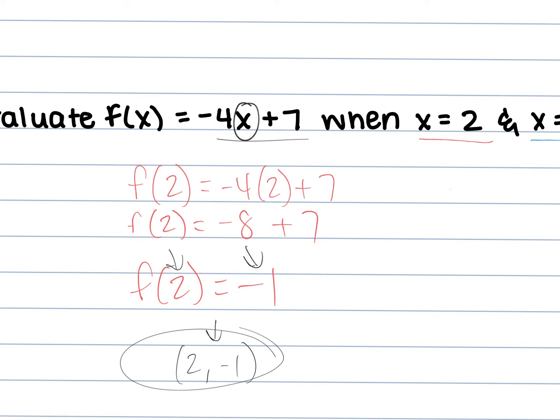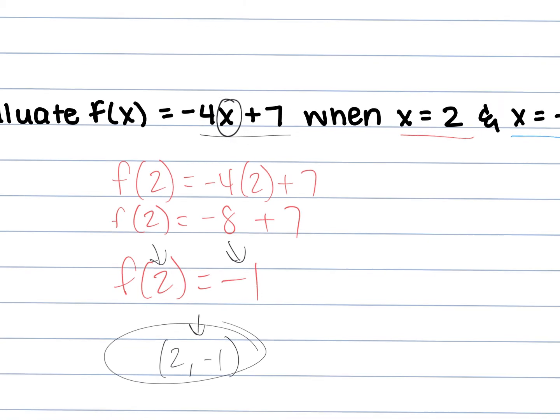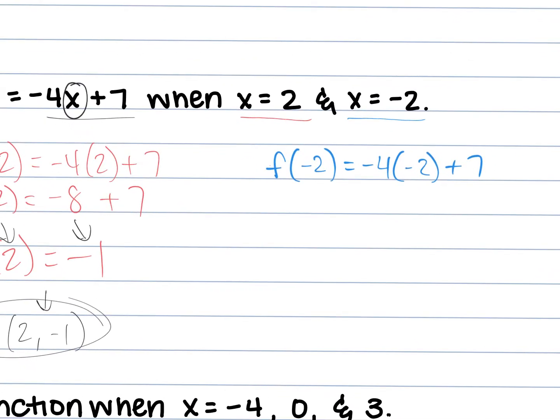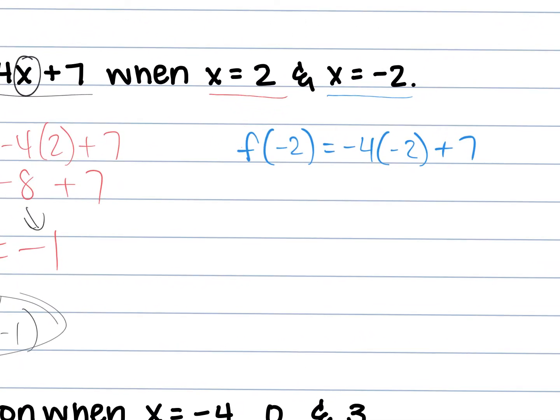Let's see the second example and see if you have the same question, okay? So change your color. For the second one, what are we testing? What are we making x here, guys? Negative 2. So we're going to write f evaluated at negative 2 should be equal to negative 4 times negative 2 plus 7. Okay, who's good with those negatives? What's negative 4 times negative 2? Positive 8.